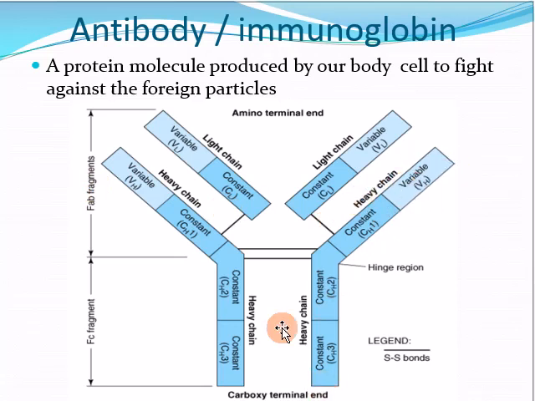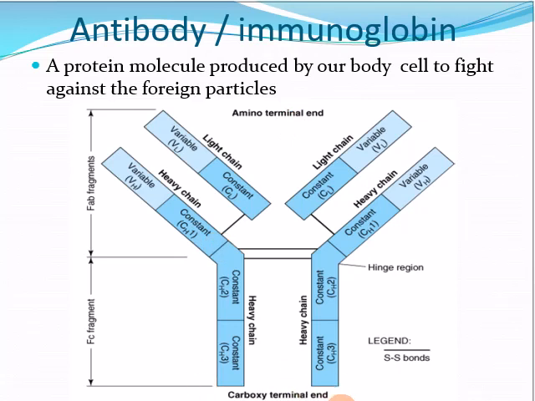The external 2 chains are heavy chains. The internal ones are light chains. As I said, these regions are variable regions, and they are very reactive with the antigen. Any antigen that comes across, the antibody will react from these regions, and this region always remains constant.